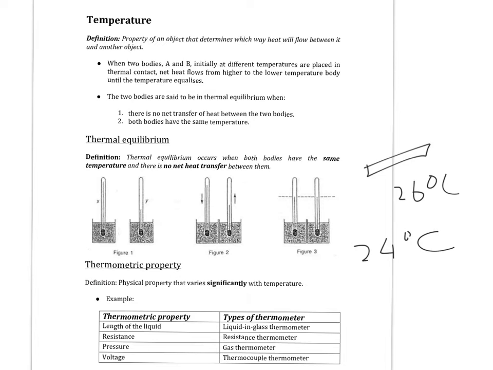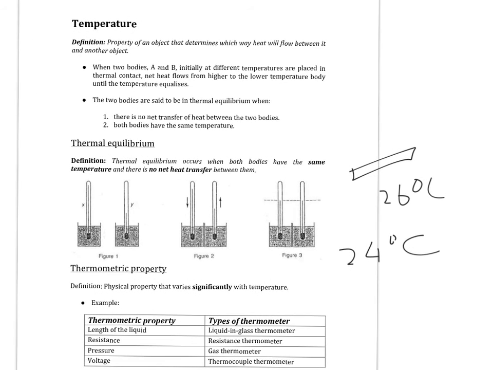So if we consider that all the thermometers that we are going to talk about rely on thermal equilibrium, which means to say, let's say your thermometer is at 24 degrees Celsius, for example, and we place it in a beaker of hot water of, let's say, 50 degrees Celsius.